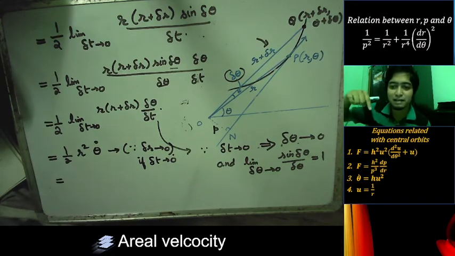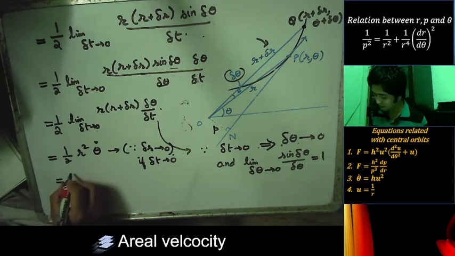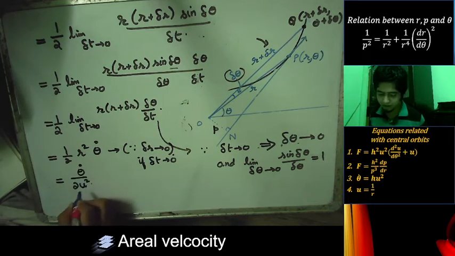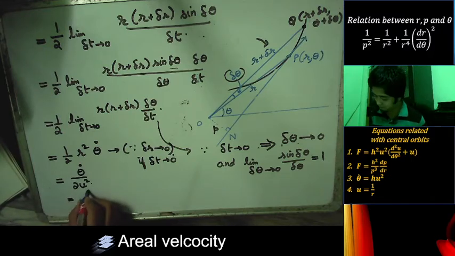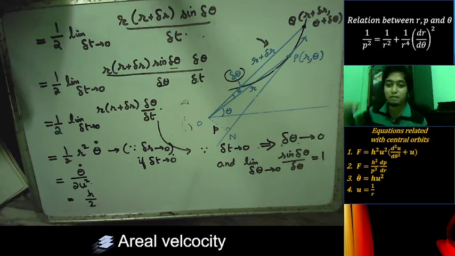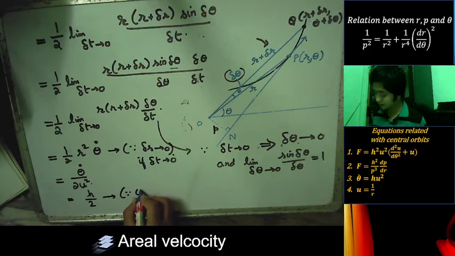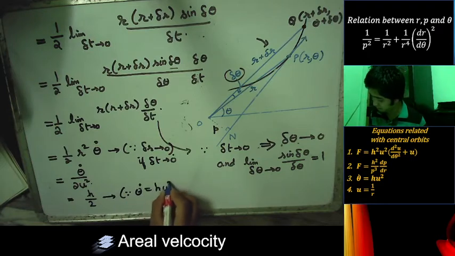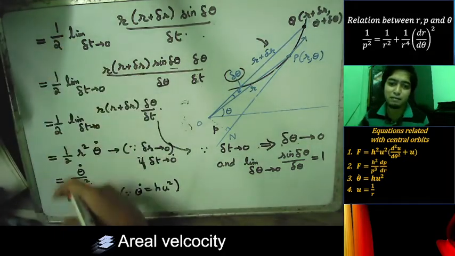If you take a look at the equation below, r squared theta dot, in fact I can write this one as r squared theta dot by 2, and if you notice, it will be equal to h by 2, by using the fourth equation, since r squared theta dot equals h. So what does this say about the areal velocity?